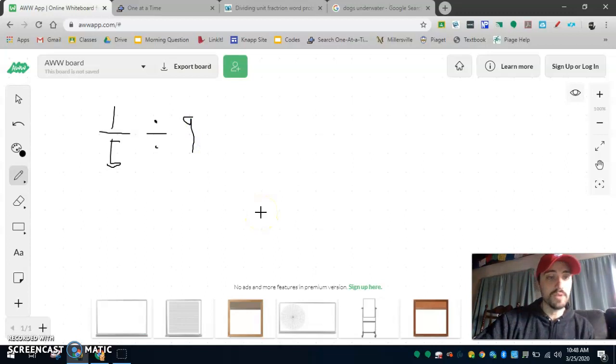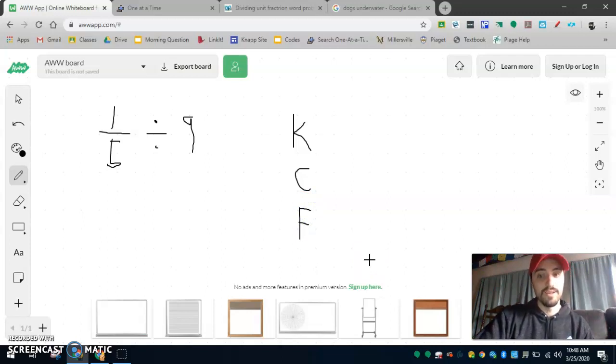In order to solve these problems, we talked about 3 letters that we can use. K, C, F. Who remembers what the K actually stands for? You guessed right, it is keep. What does this C stand for? Change.